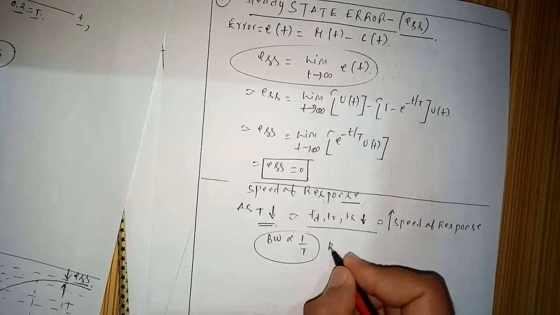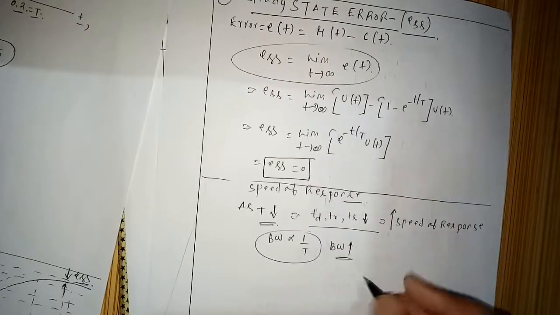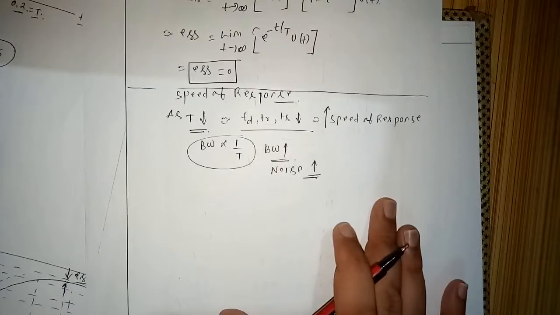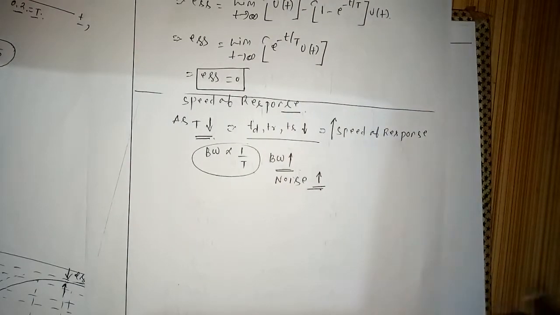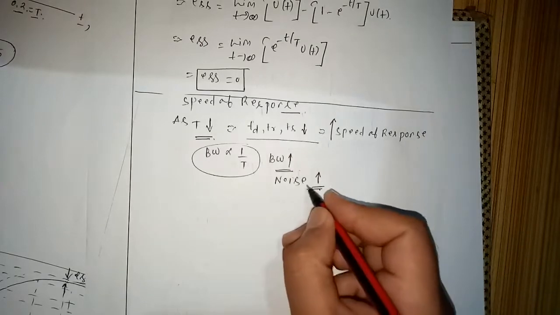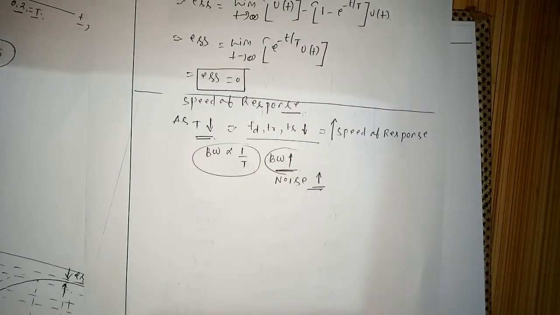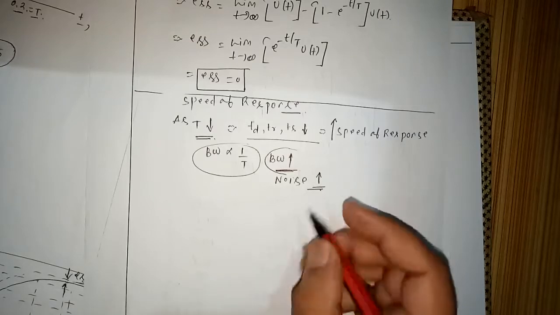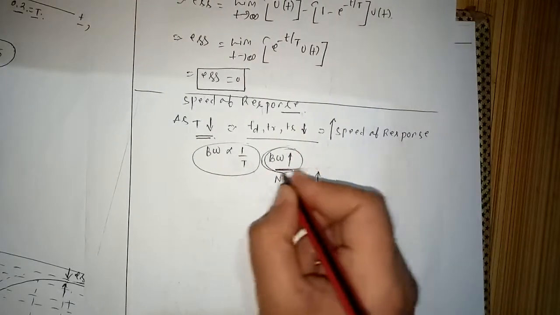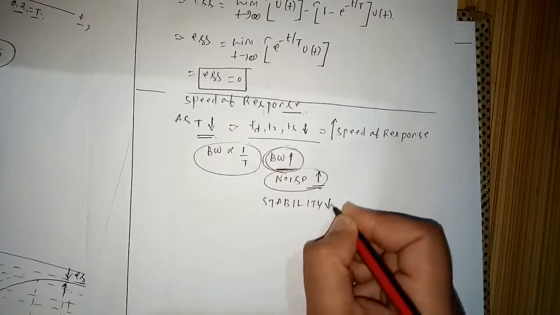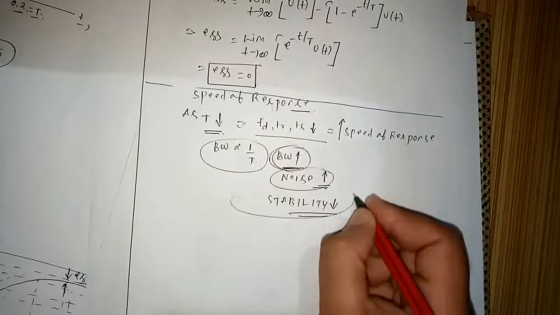If my bandwidth increases, then noise increases. If noise is increased, then this system is not good. Its stability is decreased, because if noise is increased, stability decreases. So that is a bad thing.